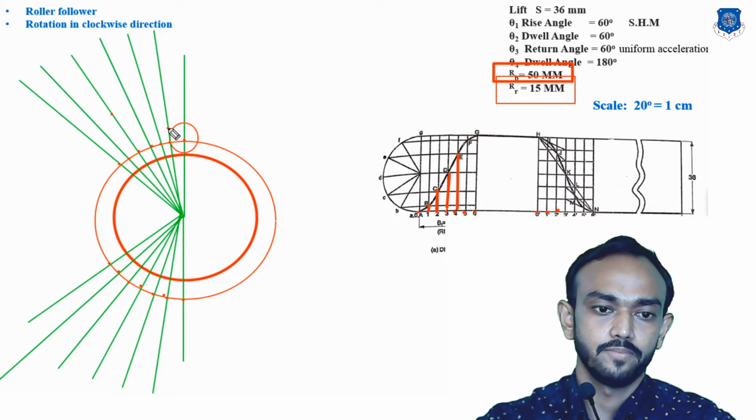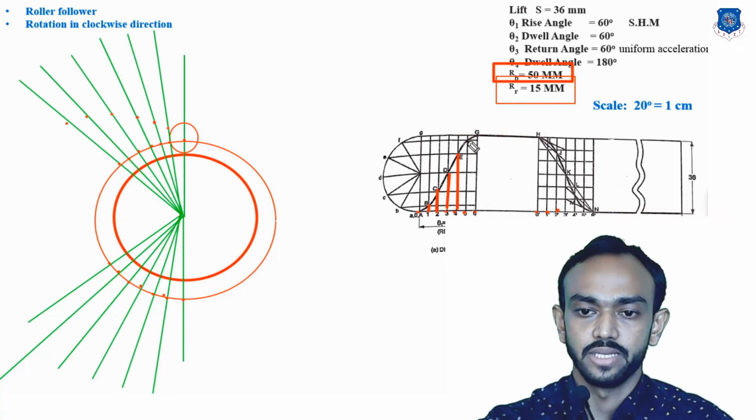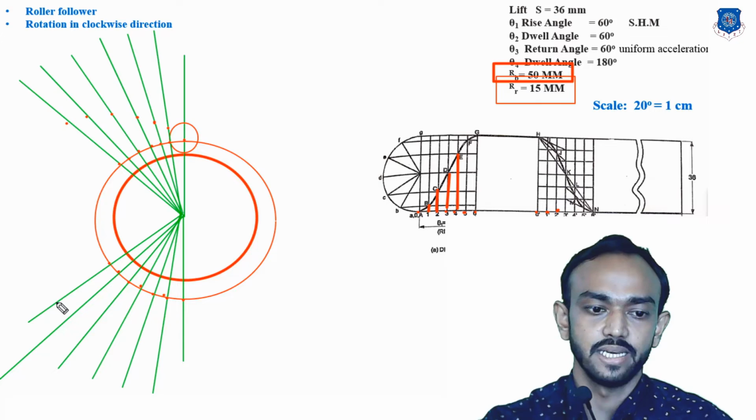So you will get points like B, C, D, E, F and G as per measuring from here. And same as here, you will get points on the lines or partitions you have made.